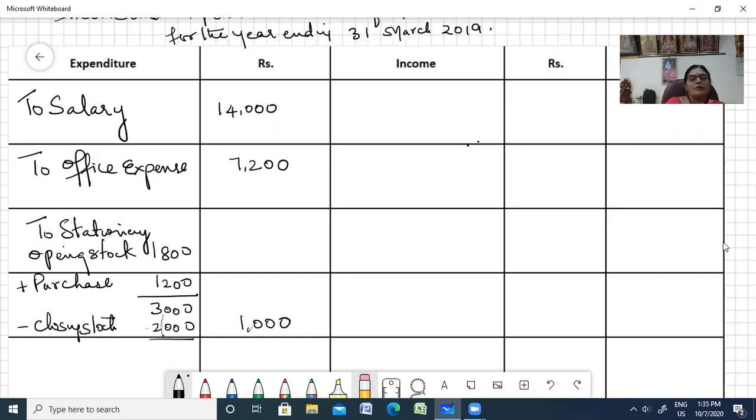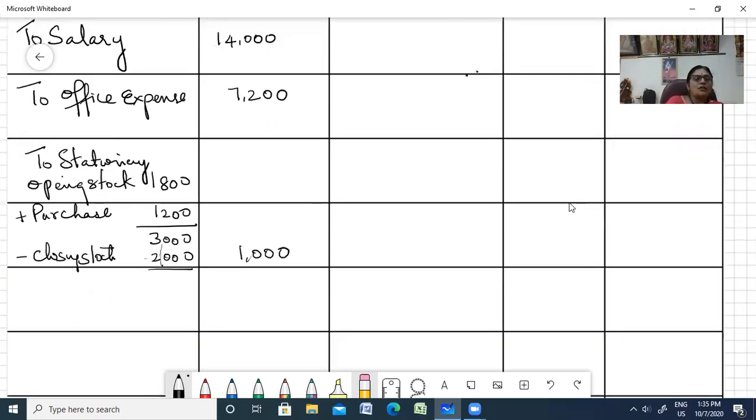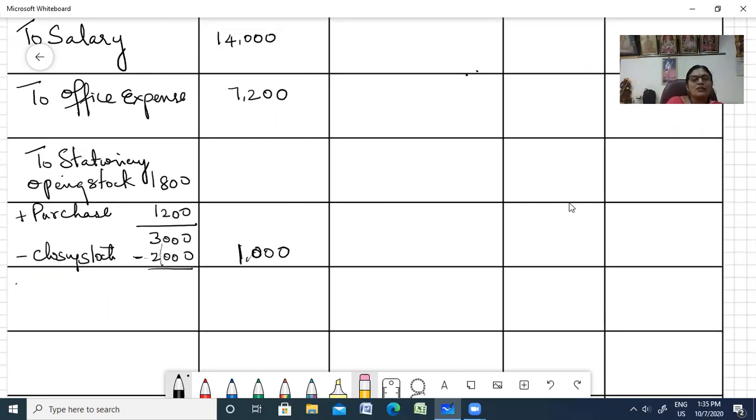What is the next entry you have to make here? Now that you have your stationery consumed in this particular year, the 2,000 should go to your balance sheet. This 2,000 is the closing stock of stationery. That should go to your balance sheet.